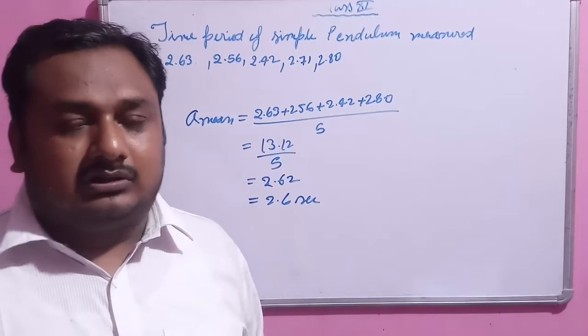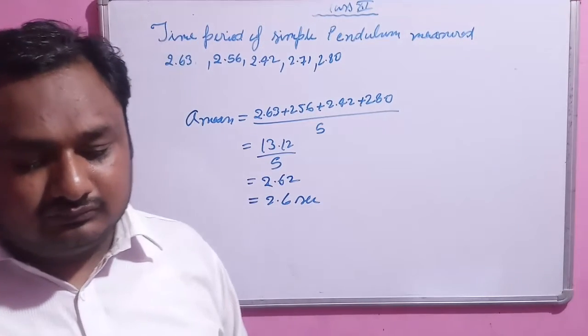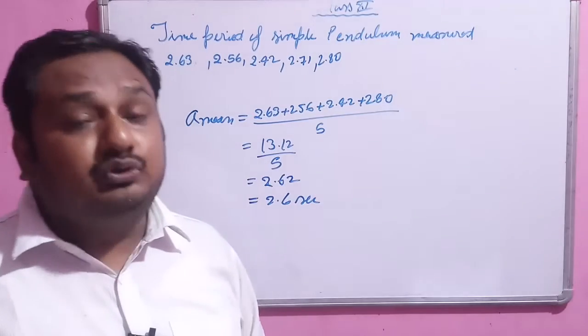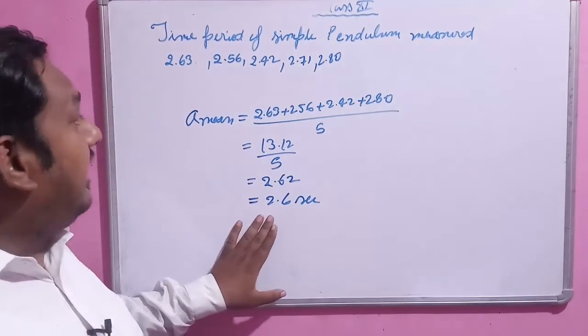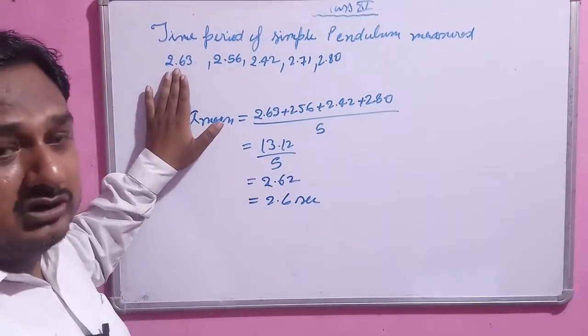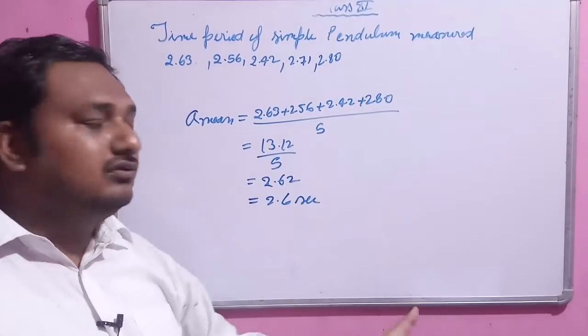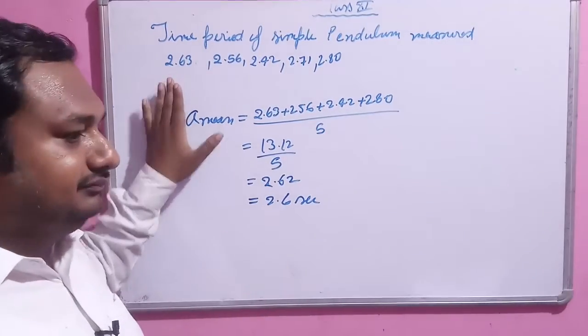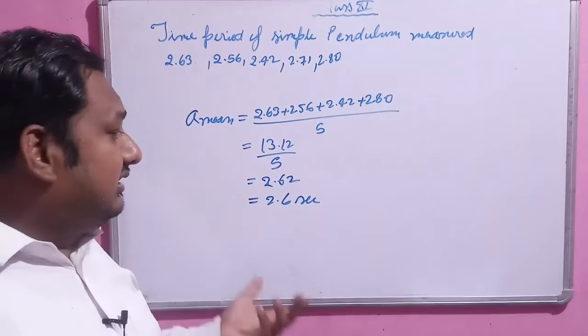Now, because I am taking example by example, I am giving the definitions to you. There is something called absolute error. This 2.6 seconds is the true or average value, and these are the measured values. So what is the error?